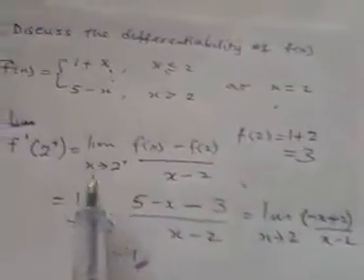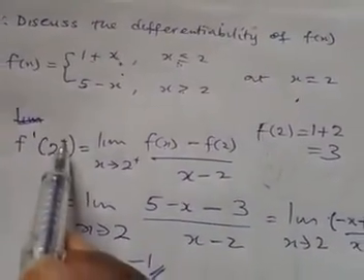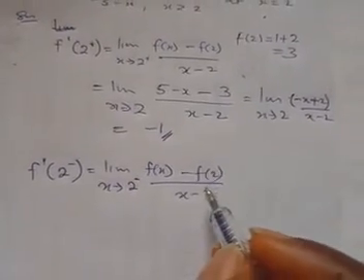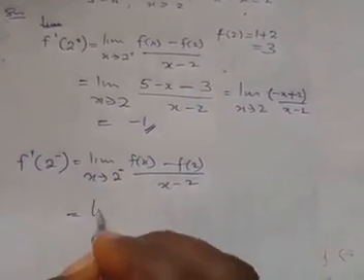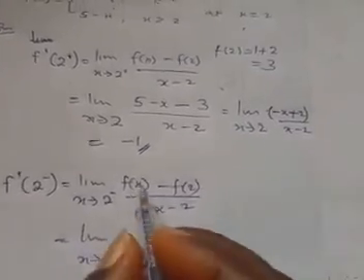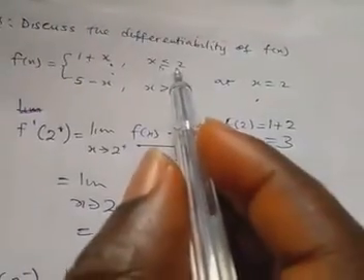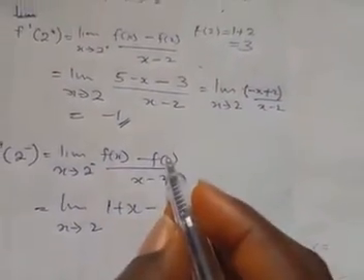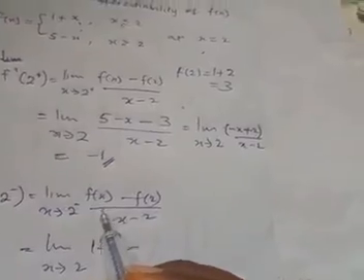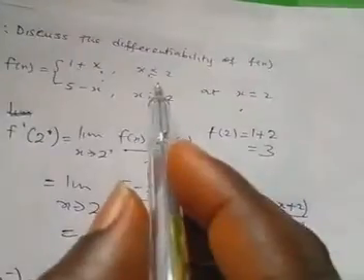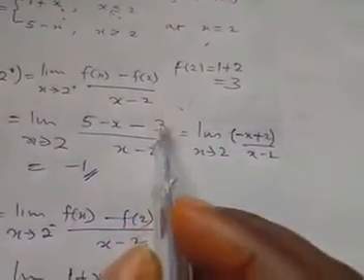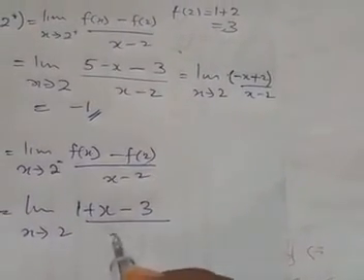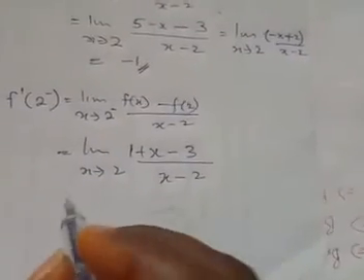Now we need to find the second one, which is the left-hand derivative. And that is this. For the left-hand derivative, f of s with s less than or equal to 2, we have 1 plus s minus f of 2. Our f of 2 has been found to be 3, divided by the same s minus 2.